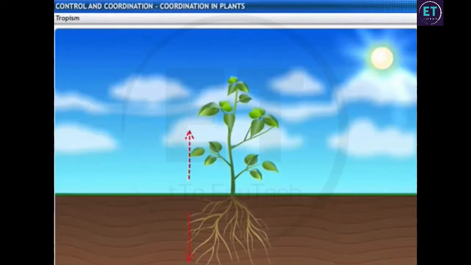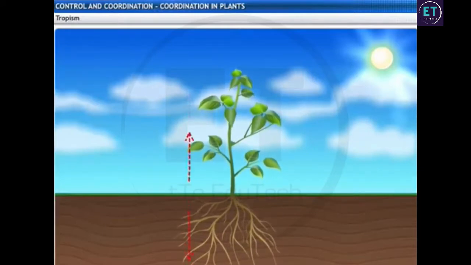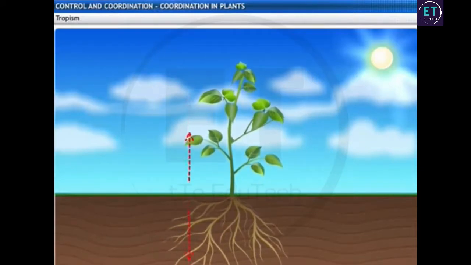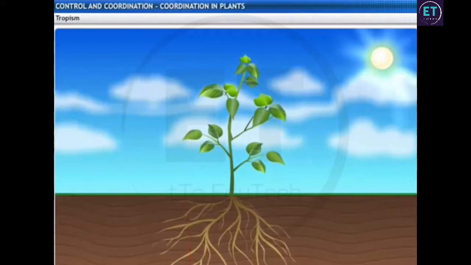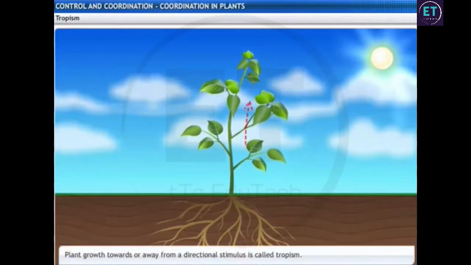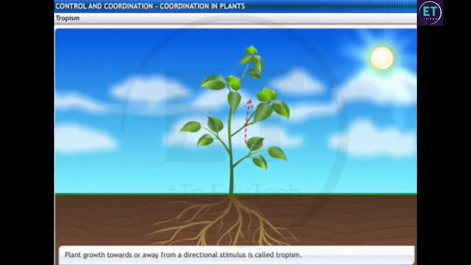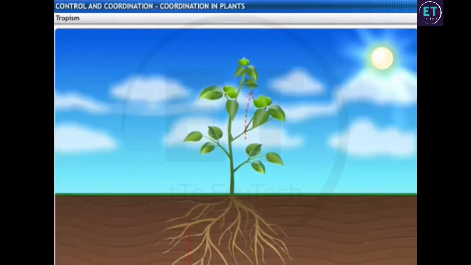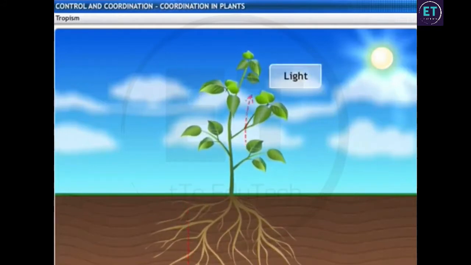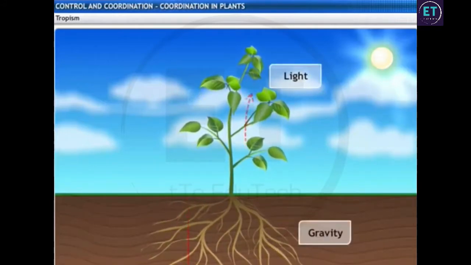Plant movement during growth of the plant can be directional or non-directional. If movement occurs in the direction of the stimulus, it is known as tropic movement. Environmental triggers such as light or gravity determine the direction of growth of a plant.